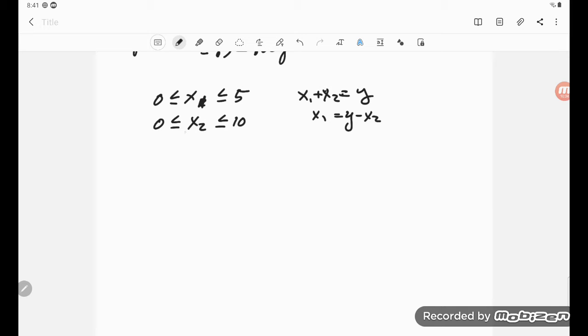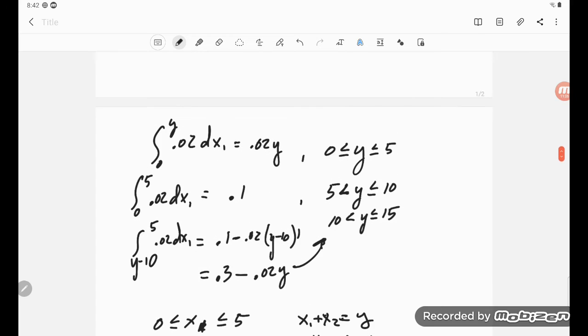And so we have our x2, but I need to substitute for the x1, so I get y minus x2 is less than or equal to 5, and so this becomes y minus 5 is less than or equal to x2 is less than or equal to y.